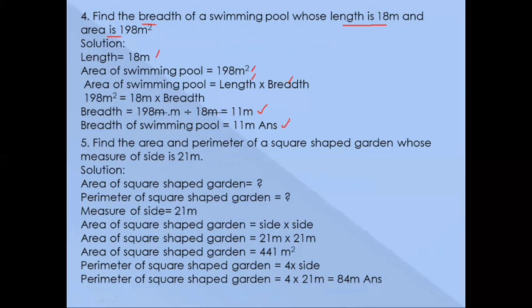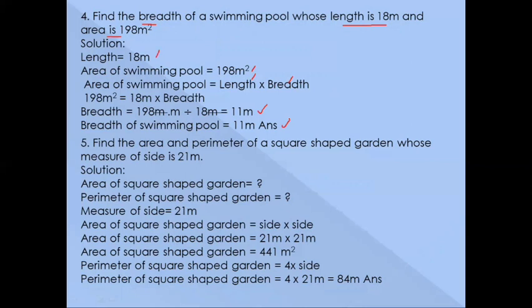Right? Now let us start number 5. Dear students, in number 5 the same situation is here. We have to find the area and perimeter, and we are only given the measurement of one side. Perimeter of the square is 4 multiplied by one side.